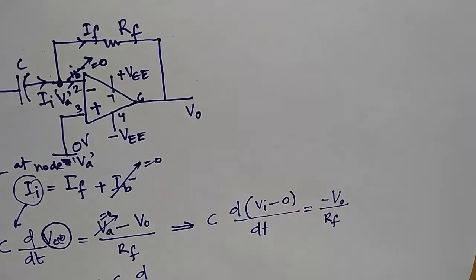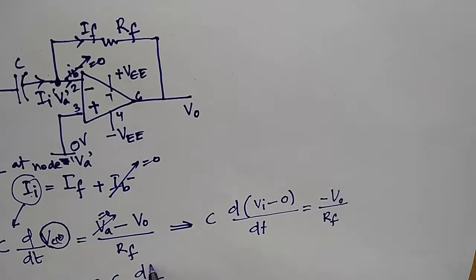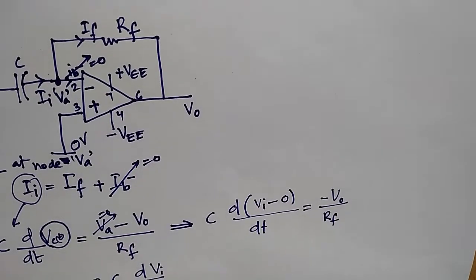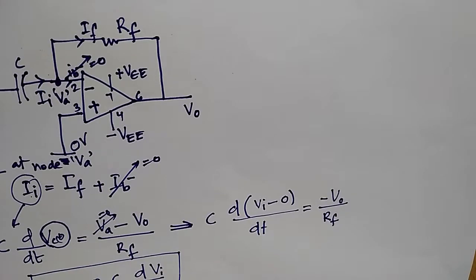From this expression, V0 is equal to minus RF into C, dVi by dt. This is the relationship between input voltage and output voltage.